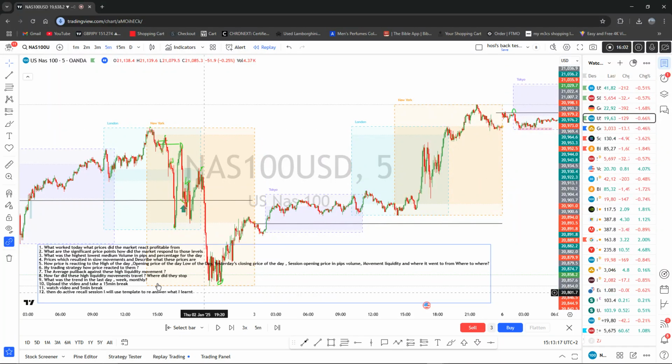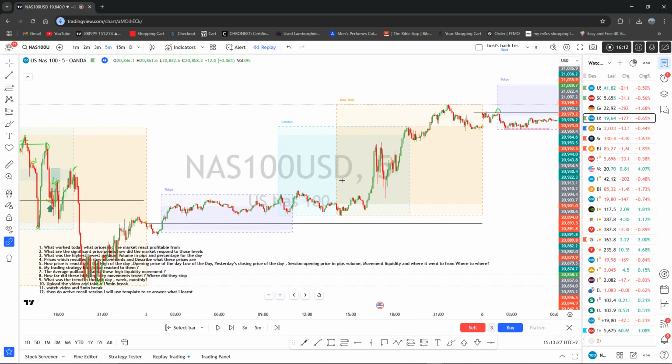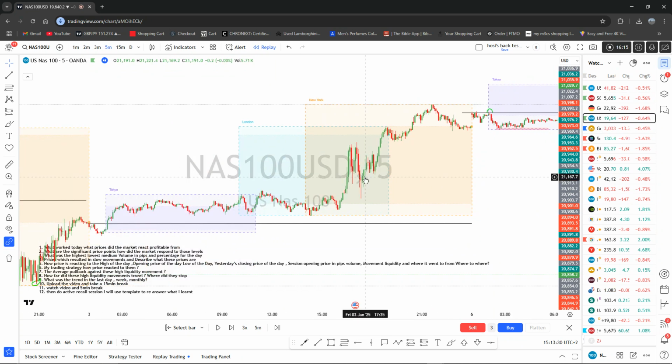So the average pullback against these high liquidity movements, well, let's say during New York session, let's say I took an entry there, right? The pullback would be 34 pips there. Say I took an entry at the opening price of New York Open at 4:30.